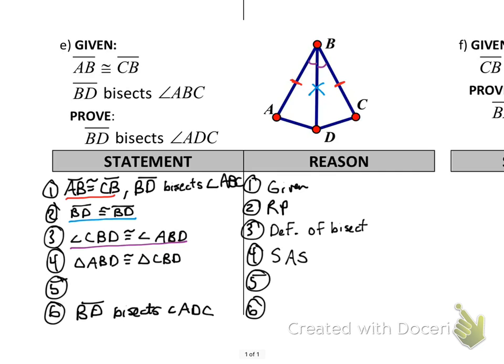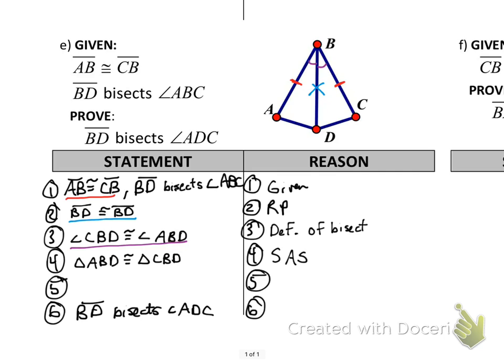All right. So we have to think through this one a little bit more, because it's not just like my proof statement, CPCTC, done. We have to add a little bit more into this. So we're trying to prove that BD bisects angle ADC. So how are we going to show that this large angle at the bottom is being bisected?